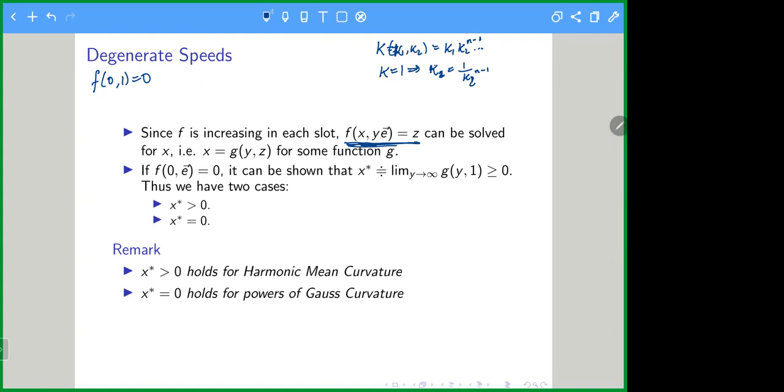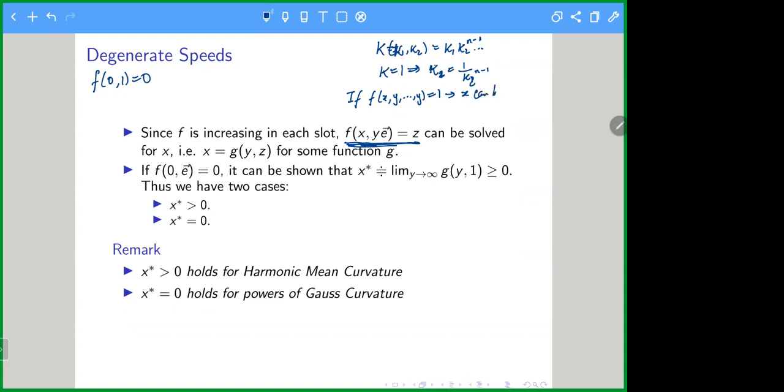So in general, what happens is if f of x comma y equals 1, then just by the assumption that the speed is increasing in each of the slots, I can actually solve for my x in terms of y.